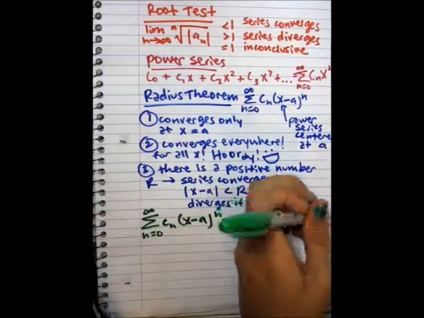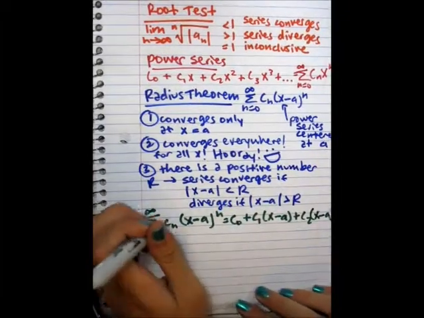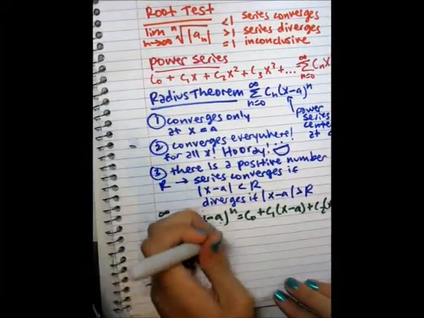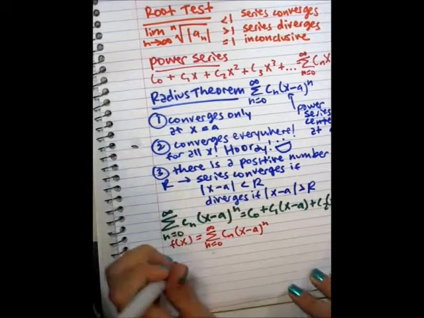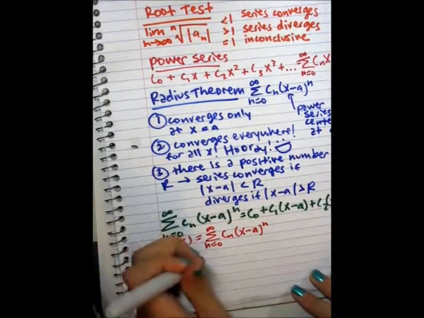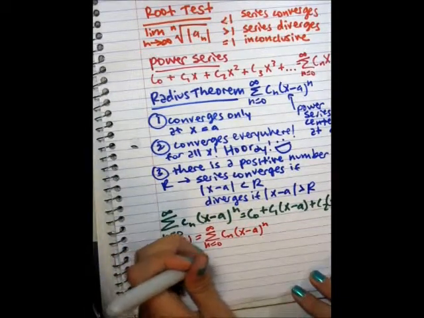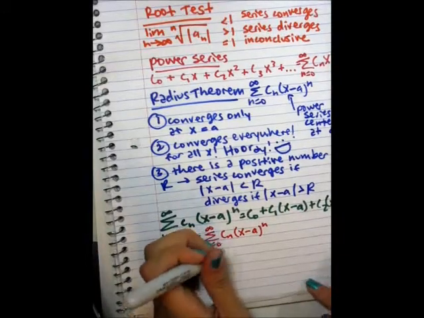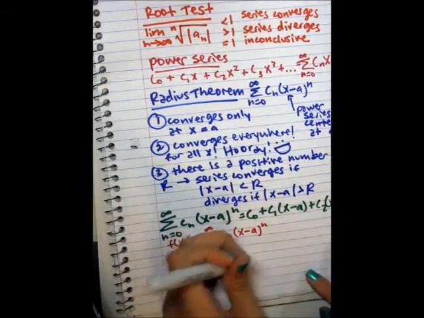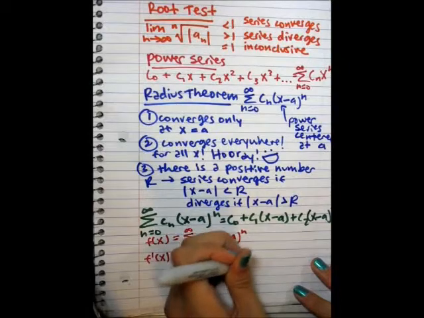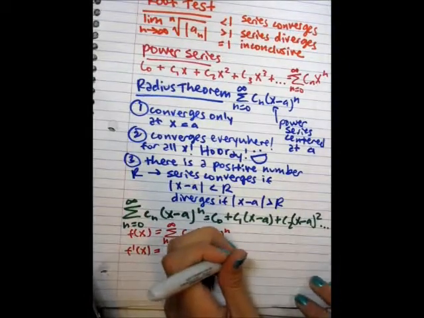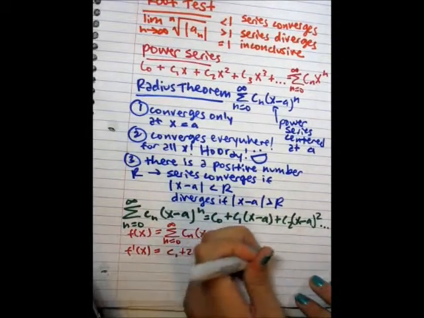Another cool topic is term-by-term integration and differentiation, where if the power series sum of c_n times (x minus a) to the power n has a radius of convergence r greater than 0, then the function f of x defined by c_0 plus c_1 times (x minus a) plus c_2 times (x minus a) squared plus so on is differentiable and therefore continuous on the interval (a minus r, a plus r).